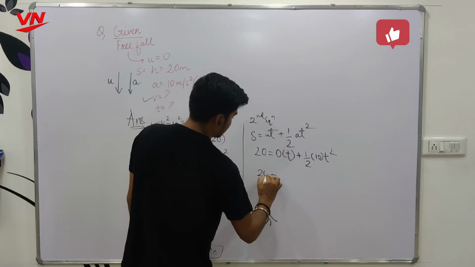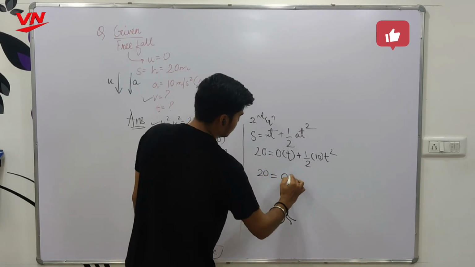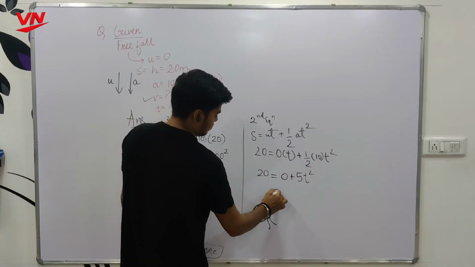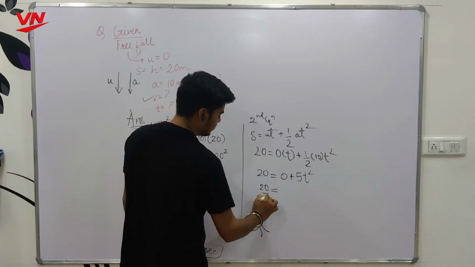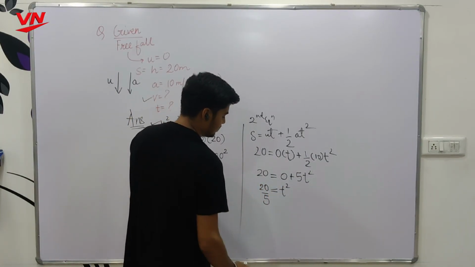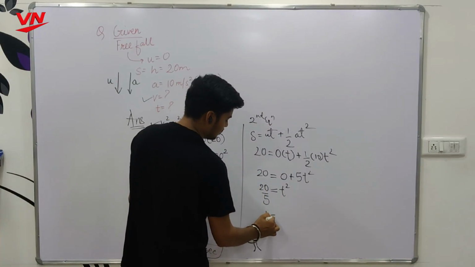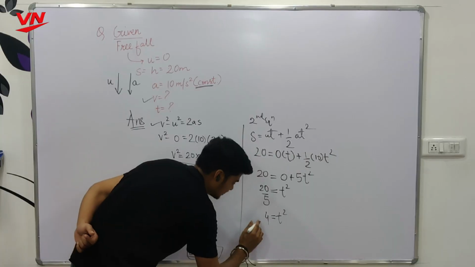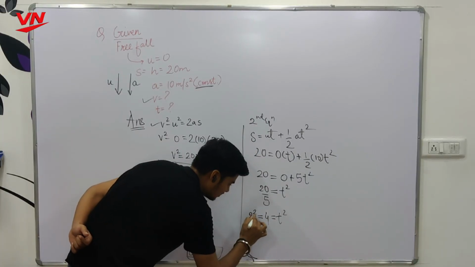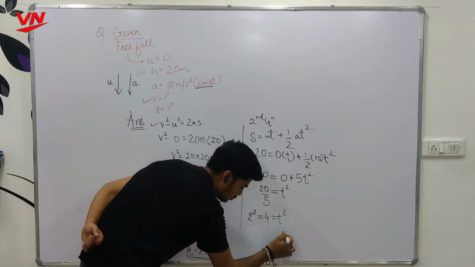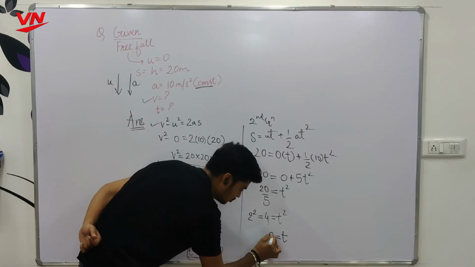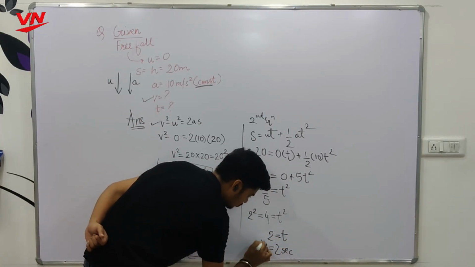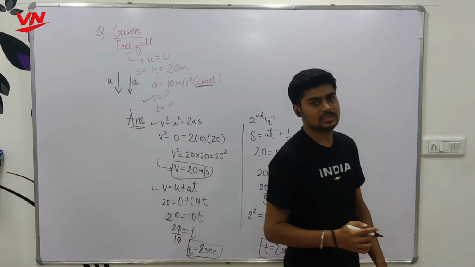Let's see, 20, 0 into t is 0, plus 10 by 2, 5, t square. 5 will go to the division on this side, 5 4s are 20, I get a value, t square is equal to 4. Basically I can write 4 as 2 square. Also you know that the square root of 4 is 2. So time is again 2 seconds. Okay, in both cases you will get the time as 2 seconds.